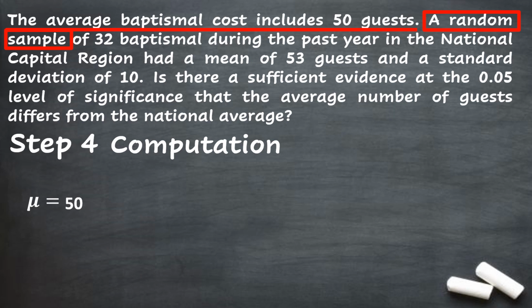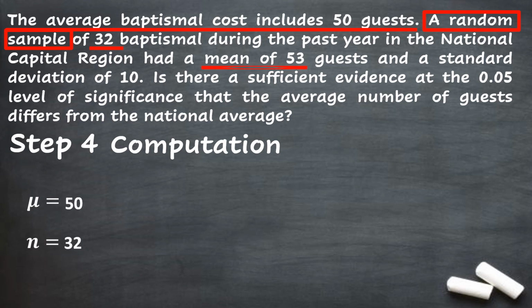So meaning to say, since we have the term sample, the preceding numerical values will be intended for the sample. Next, a random sample of 32 baptismal. So meaning to say, the 32 refers to the number of samples of baptismal for this given word problem. So meaning to say 32 is the value for n.